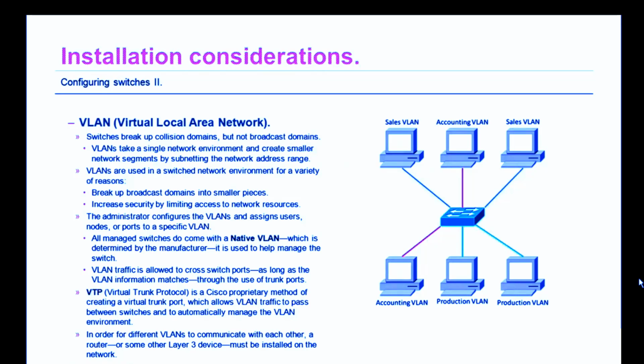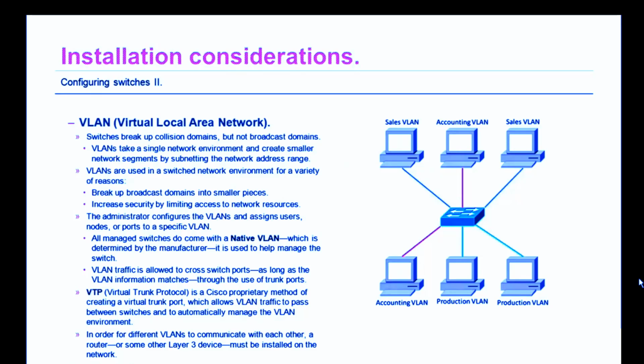That means that VLAN 2 can send traffic across a trunk port to VLAN 2, but it cannot send traffic from VLAN 2 across a trunk port to VLAN 3. VTP, or Virtual Trunk Port Protocol, is a Cisco proprietary method of creating a virtual trunk port, which allows VLAN traffic to pass between switches and to automatically manage the VLAN environment.